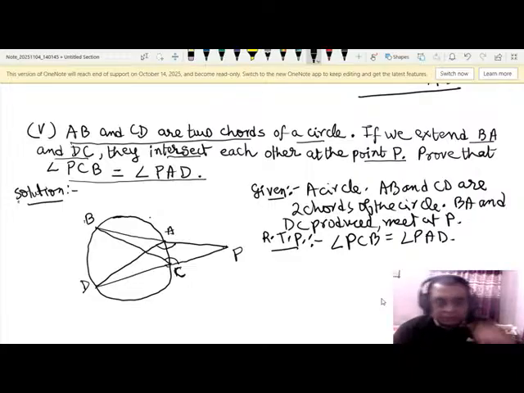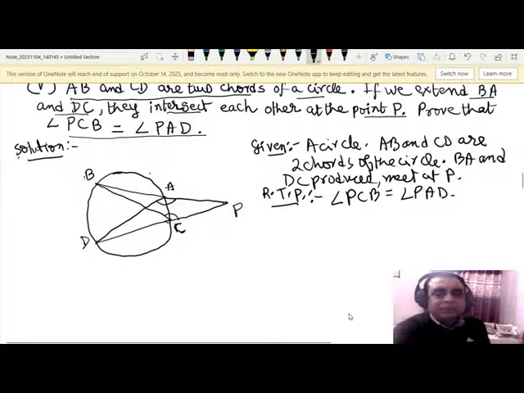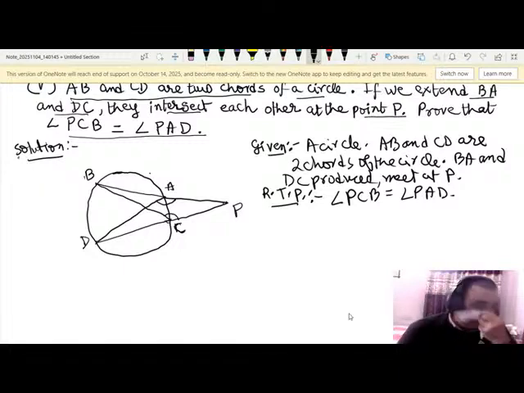So how will we prove it? Now please pay attention, here I am explaining. Angle BAD, that is this angle which I am marking with the dot, is equal to angle DCB, that is this angle. Why? Because these are the two angles in the same segment.